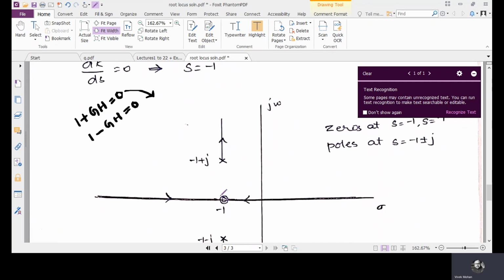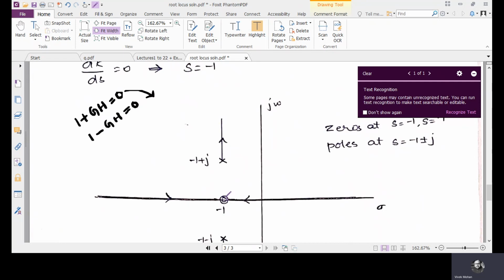Now there is an even number of zeros here on the real axis, right? So if it is 1 plus GH equals 0, a negative feedback system, then to the left side of the zeros, that is not a part of the root locus, because to the right side it is an even number of poles and zeros.